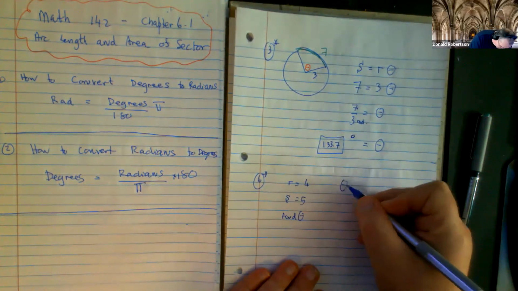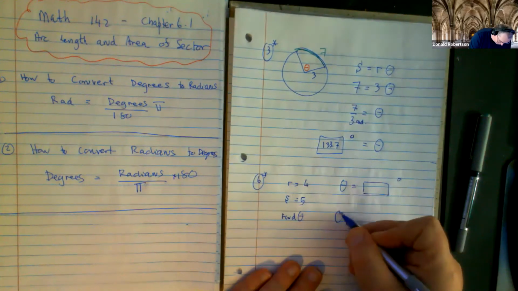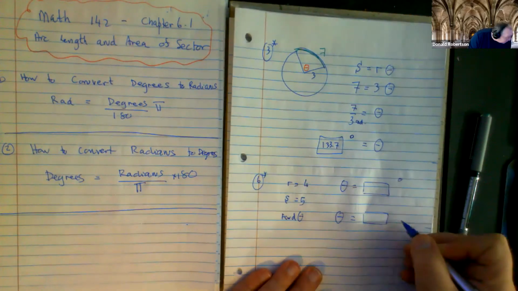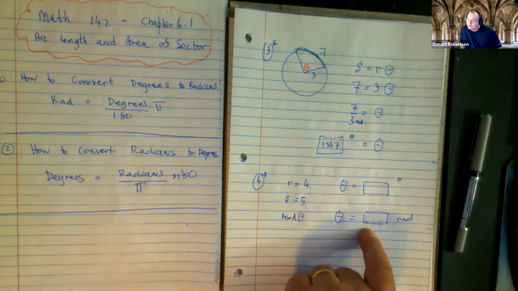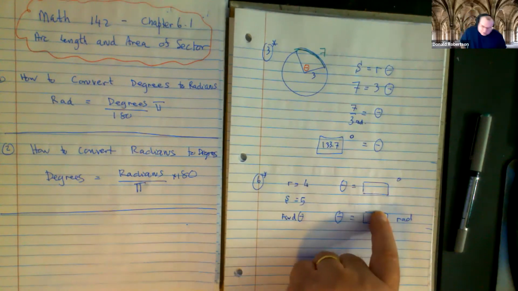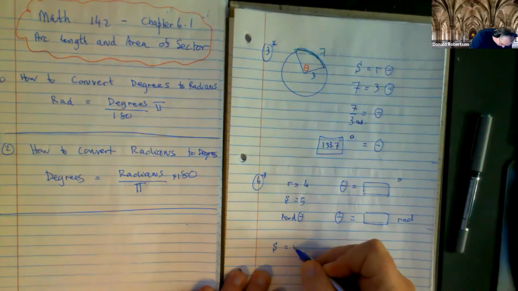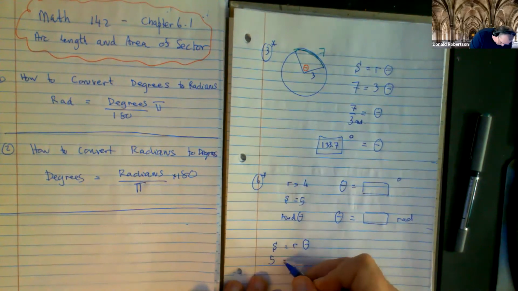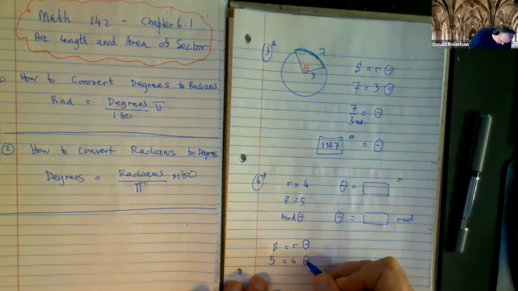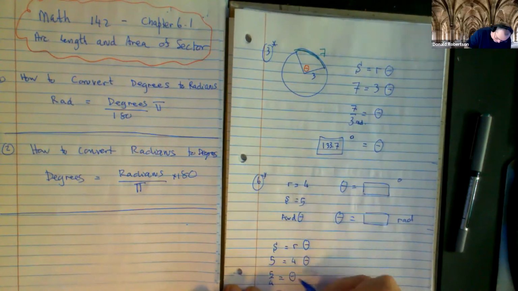One of them says theta equals that way, and one of them says theta equals that way. You see, they're getting you to do both versions of the same answer. Now, the calculation is pretty straightforward. Since it's an arc length, start with that. Put in 5, put in 4, put in theta, divide both sides, and you've got that.